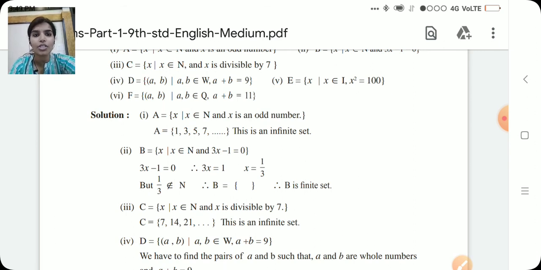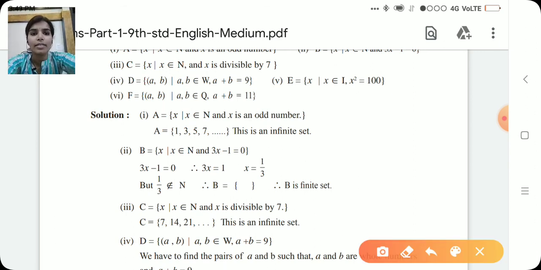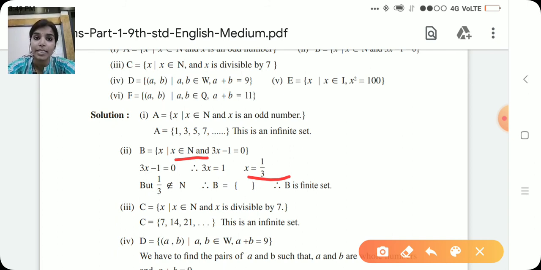But in our condition x belongs to natural numbers, and 1 by 3 is not a natural number. So our set is an empty set. Understand?